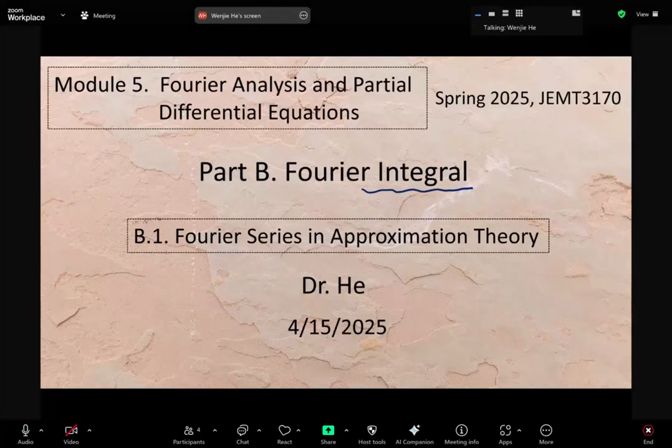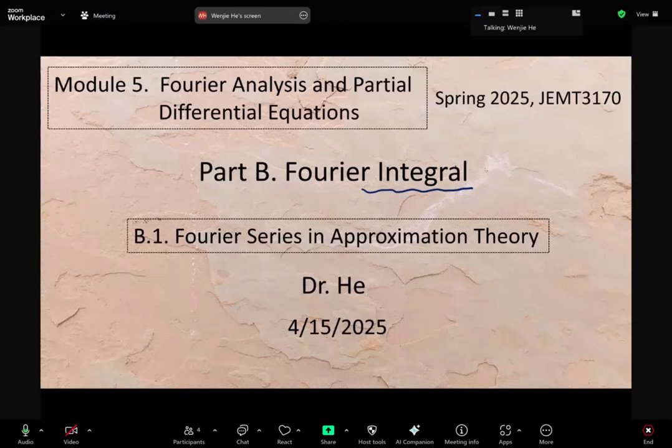But the Fourier series is an infinite series, and in our real world applications, we cannot use an infinite series. We have to take finitely many terms of the infinite series to do the calculation.